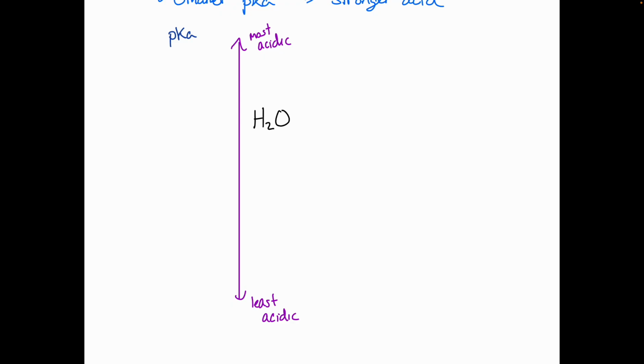It's got a pKa of around 16. All right, our ketone, specifically the alpha carbon of that ketone, all right, this has a pKa of around 20.